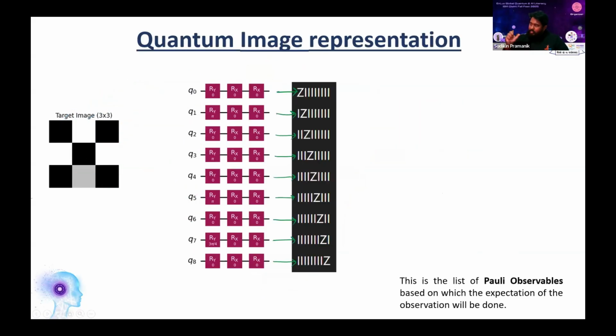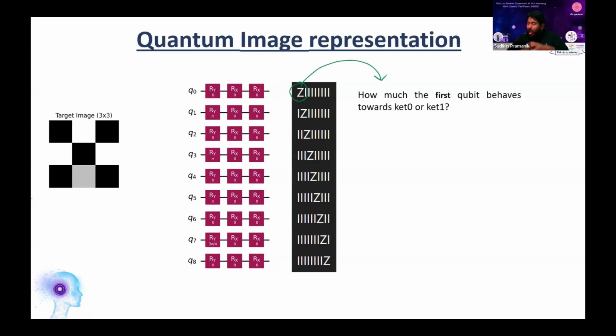Now, as I said, for any variational circuit, the second thing you need is an observable. Over that observable, you find out an expectation. So we define these Pauli observables such that Z on the first qubit and I on the rest of the qubits. It means that I want to find out the Z value corresponding to qubit 1. Now Z value can be 0 and 1. So what do I want to find out? I want to find out how much my Z value, or the first qubit value, is closer to 0 or 1.